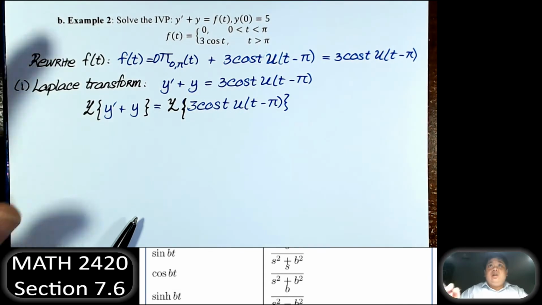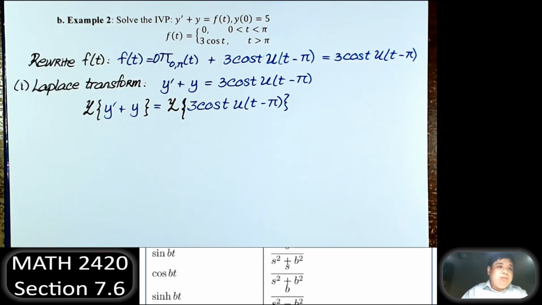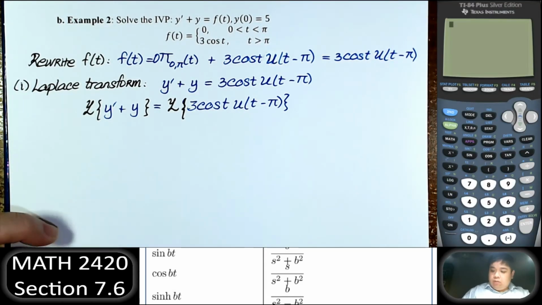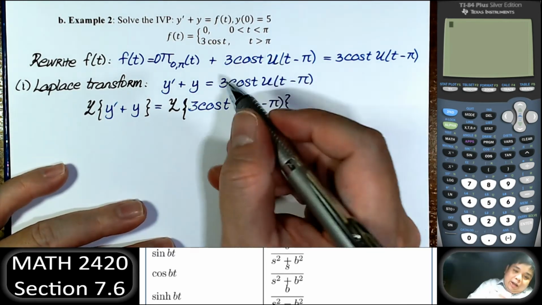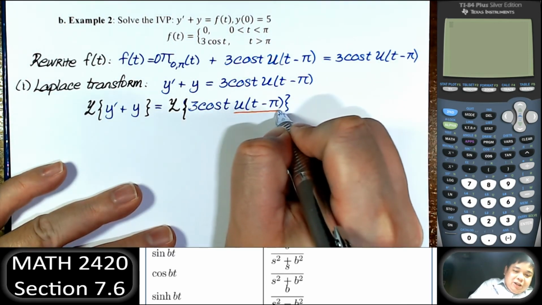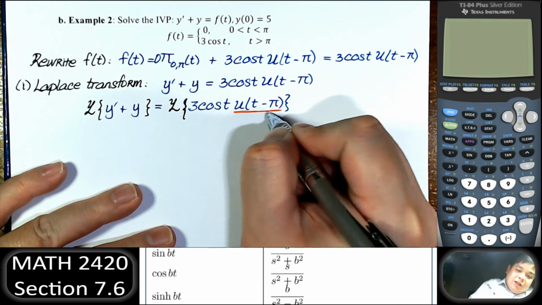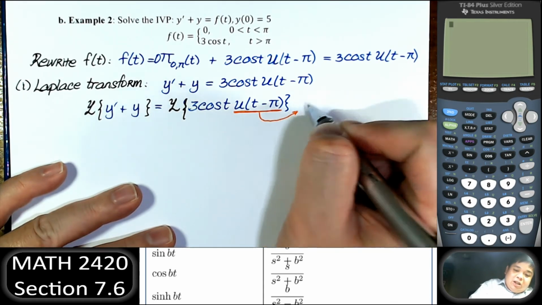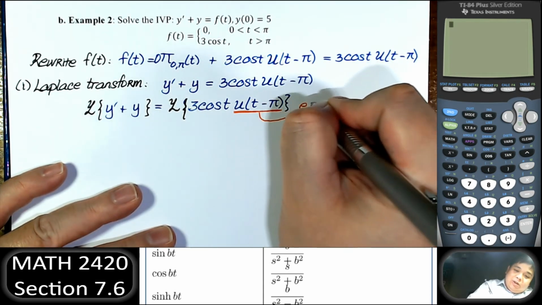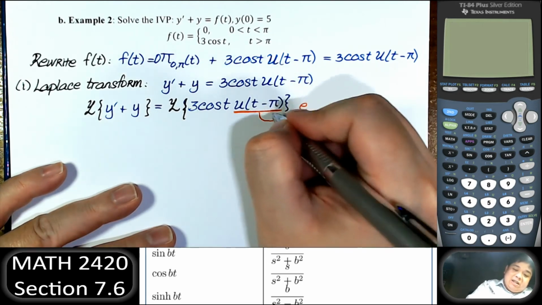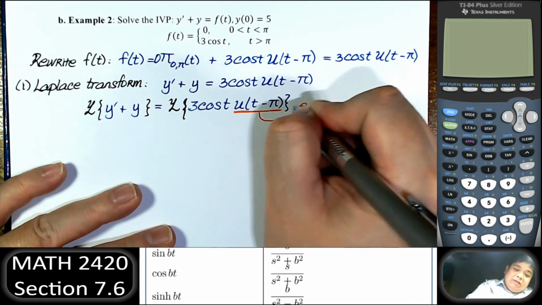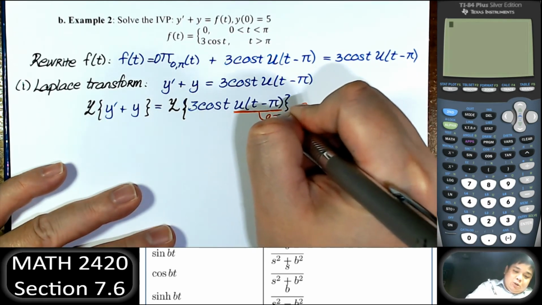Just like what we have been doing, when we have u, the unit step function, we'll convert that into e to the negative a s. Here a is equal to pi.